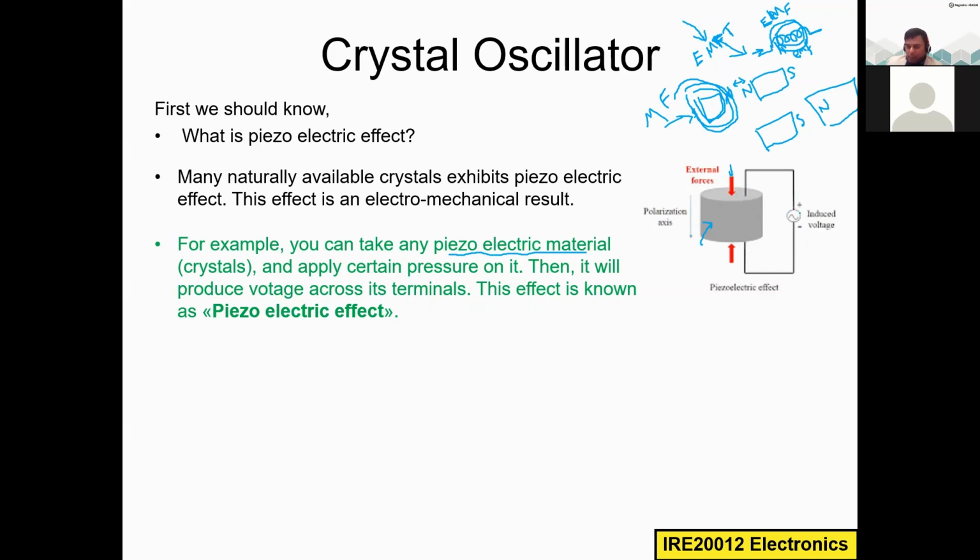If you put a voltmeter, you will see the needle move. You can see some kind of voltage oscillation is happening here. So this effect is called the piezoelectric effect. Now you have some idea what the piezoelectric effect is.